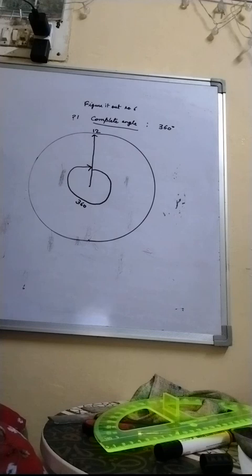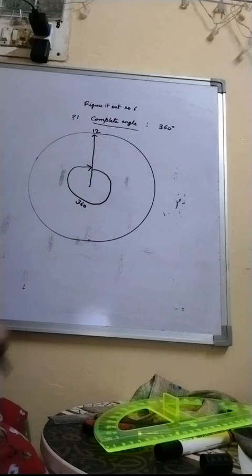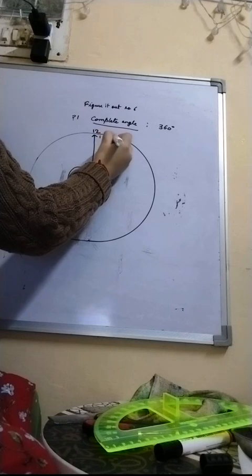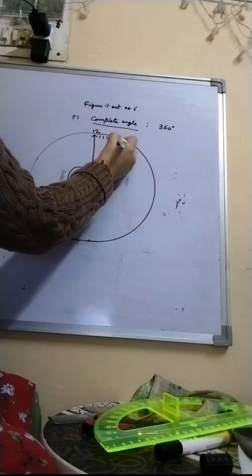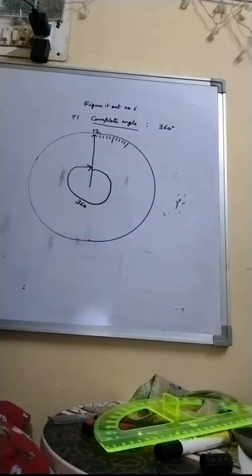Okay, and how many lines does the clock have? So what you have is 1 2 3 4 and then 5, 1 2 3 4 and then 5, like this your clock runs.